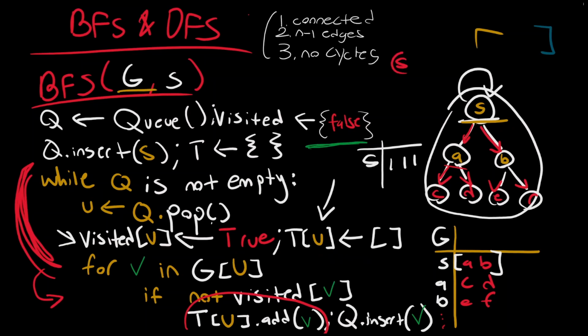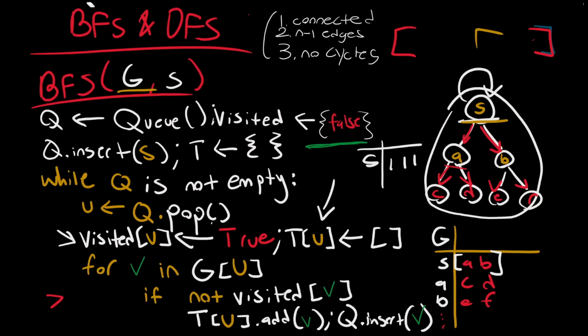So s is here, and this inner for loop is going to start adding those entries. And now we're going to insert this neighbor into the queue to be evaluated.